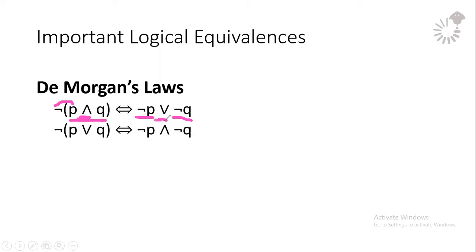Yung end naging or. Pareho lang daw yung statement na yan. Doon sa kabila naman, kung or siya, disjunction statement, tapos may negative, baliktarin mo siya, gawin mo conjunction, and then distribute the negative.